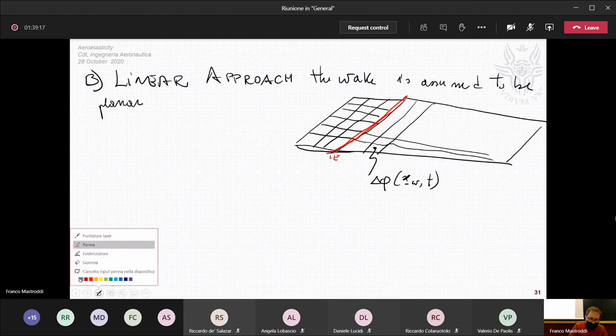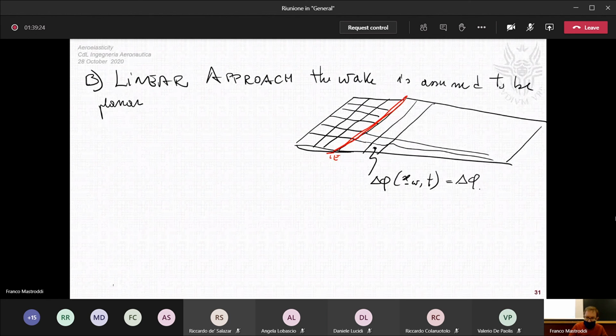And we assume that the value here is equal to the delta phi at the trailing edge in previous time, like t minus tau. And this time delay tau is something related to this distance, the distance between this point and the trailing edge.